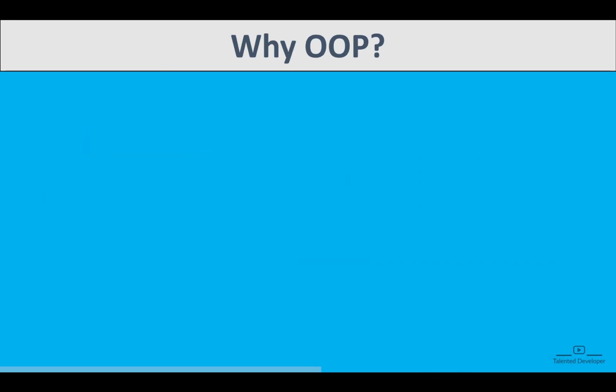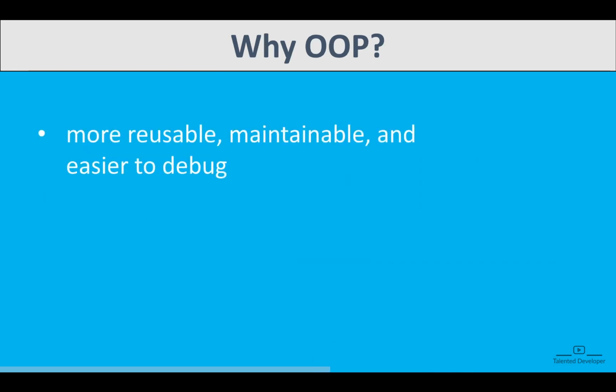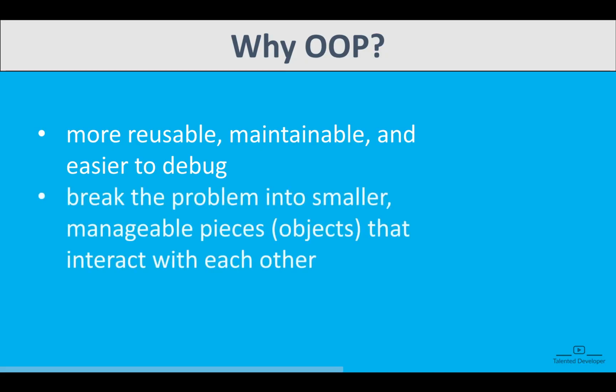Why object-oriented programming? Object-oriented programming helps in real-world application development by making code reusable, maintainable, and easier to debug. Instead of writing lengthy code, OOP allows us to break the problem into smaller and manageable pieces that interact with each other. For now, we just understand it is a feature of OOPS.